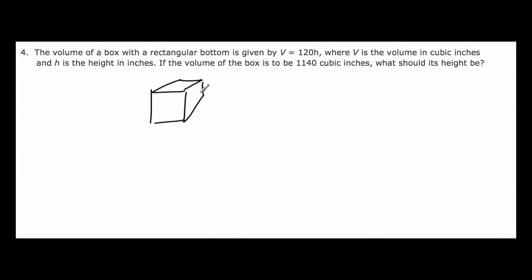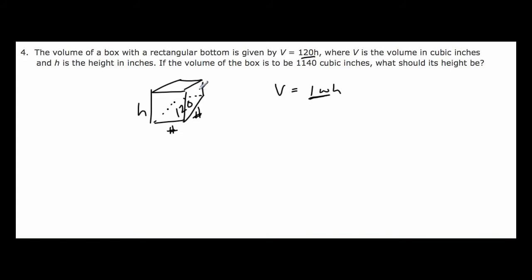We don't know the height, but we do know the bottom of that box is 120, because remember, volume of a box is length times width times height. They're giving us the length and width multiplied, and that equals 120 on the bottom. So they're helping us out a little bit.